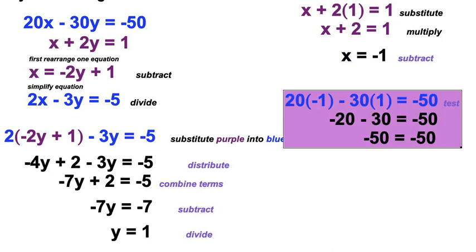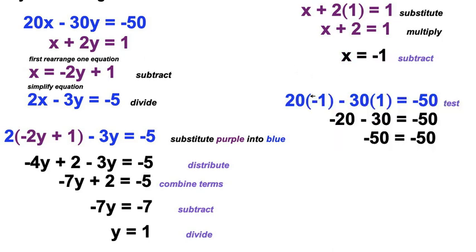And let me test. Now, I'm going to go back to the original blue equation, before I simplified it, just to show that it works. I'm going to put in negative 1, positive 1, and look at that. It works out a-okay. My solution: negative 1, positive 1.